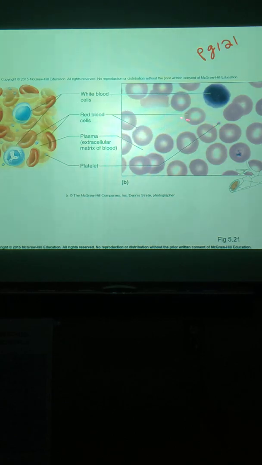Those would be platelets. Now, you might not find a lot of platelets in your blood tissue because remember, they aid in clotting. So if there's no reason to clot, you may not see a lot of platelets in your slide.